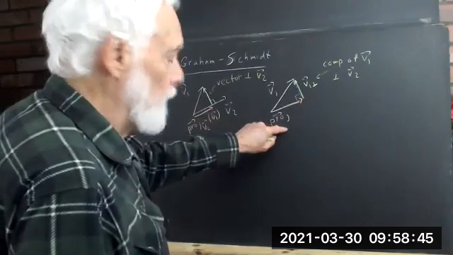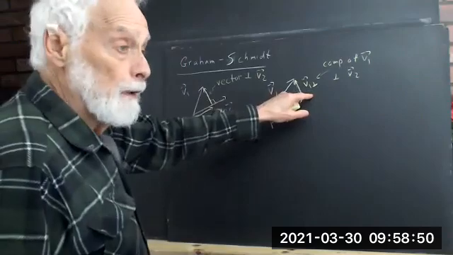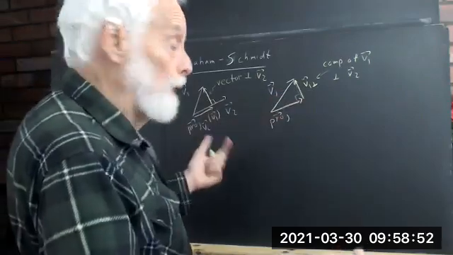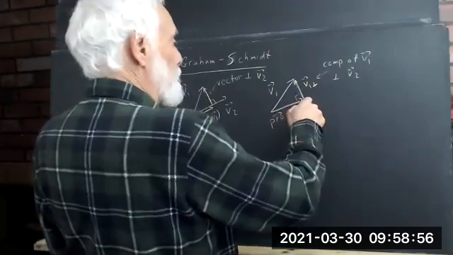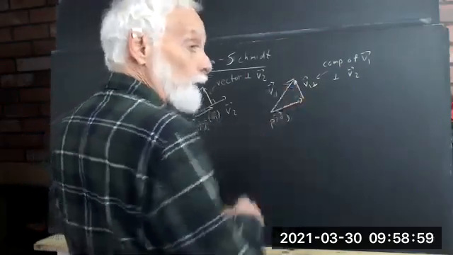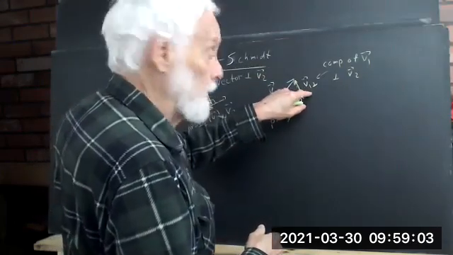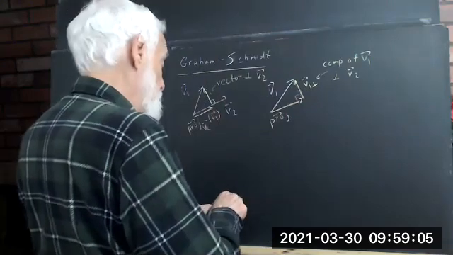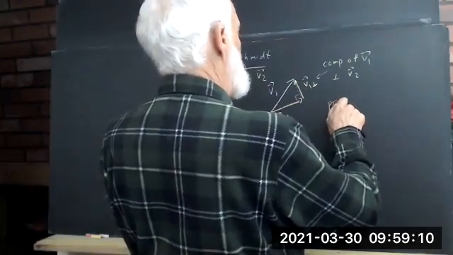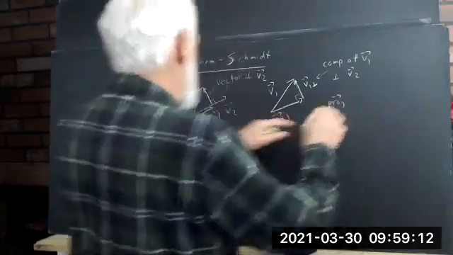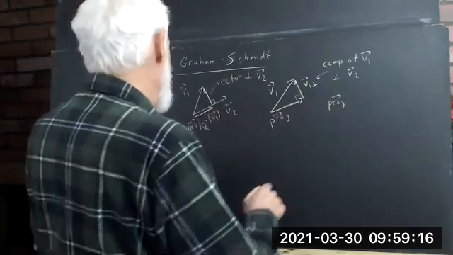We can calculate the projection. So we can calculate V1 perpendicular. Why? Because this vector plus this vector equals this vector, equals V1. The projection plus this V1 perpendicular equals V1. So we can write the projection, which is shorthand for projection on V2 of V1, and let's go ahead and write it out now.